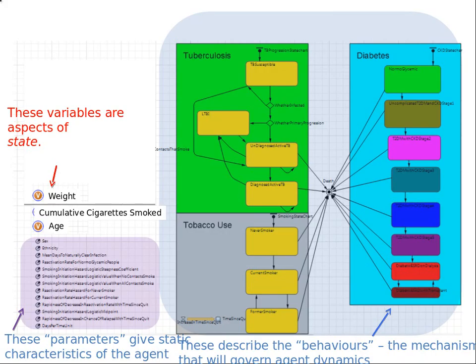So, for example, here we have representations of individuals' progression among a set of conditions: diabetes on the one hand, tobacco use behavior, and then tuberculosis at the top, where those progressions occur between different health states specific to a condition. And of course there's interaction. So the presence of active smoking may, for example, worsen an individual's development of diabetes.